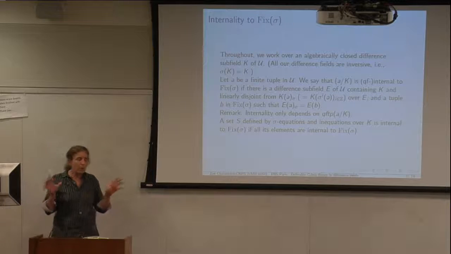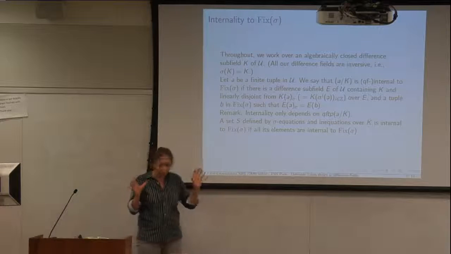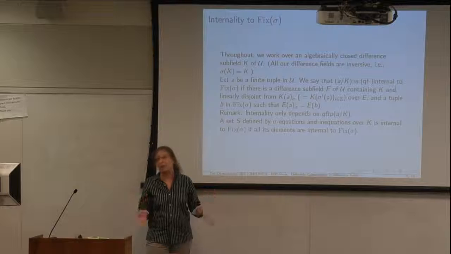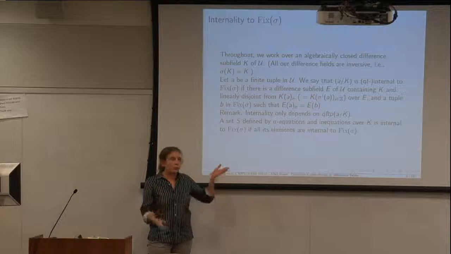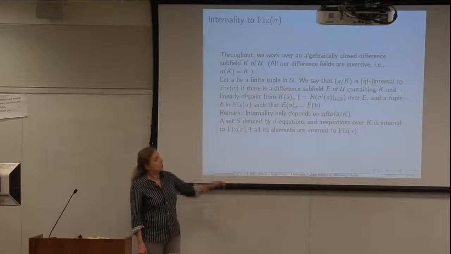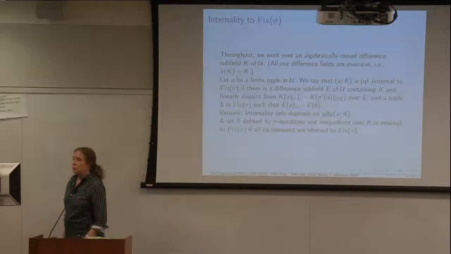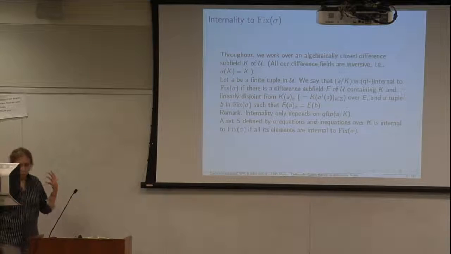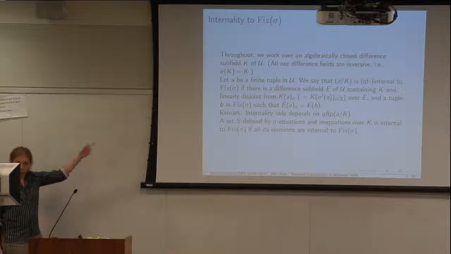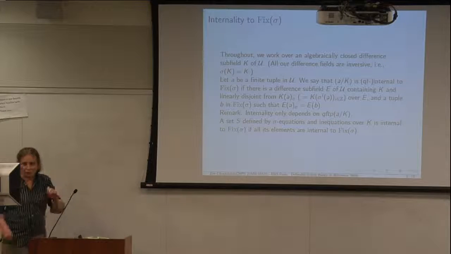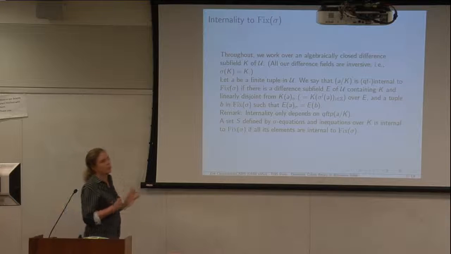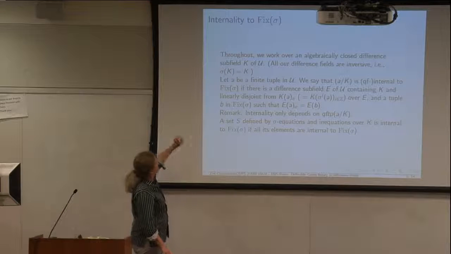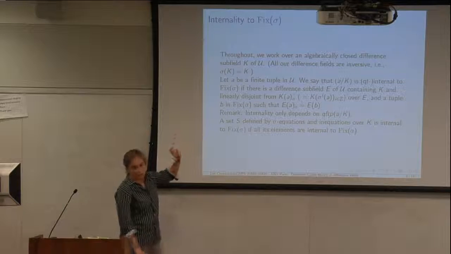Now the birational map is defined by difference polynomials, it's not everywhere defined, and it's defined over something which is bigger than K, it's defined over this E. Actually, this E can be taken as generated by a set of solutions of this set of equations, so it doesn't really depend on the ambient U, it really depends on A and K.